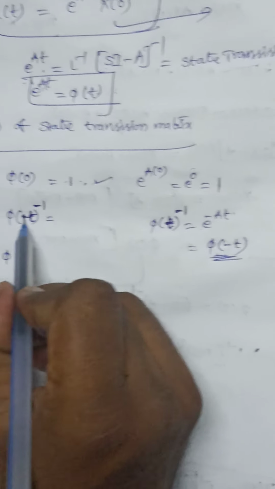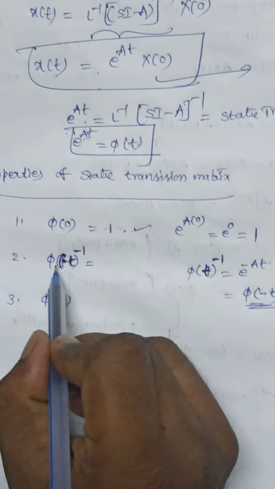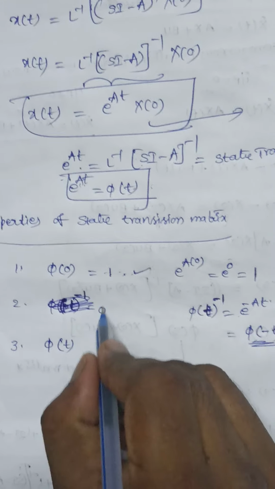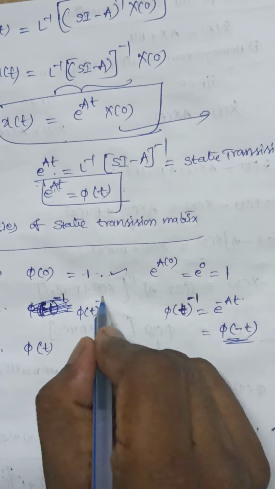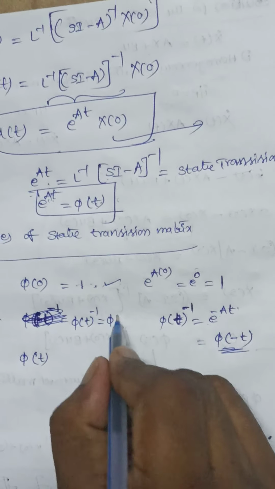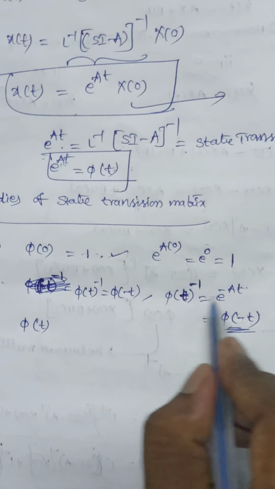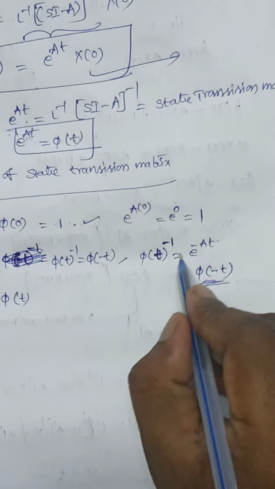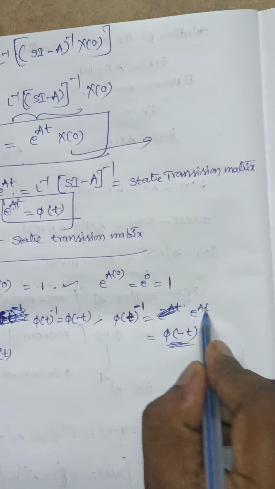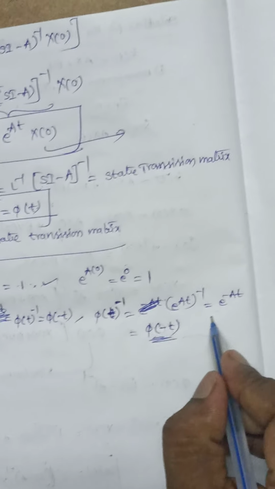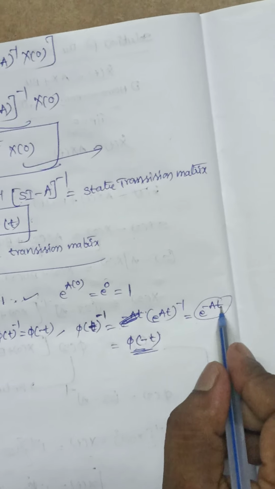This property is phi of t whole to the power of minus 1 is equal to phi of minus t. Why? Because phi of t is nothing but e power at. E power at whole to the power of minus 1 is equal to e power minus at. So e power minus at is nothing but in place of t it is minus t, so it will become phi of minus t.